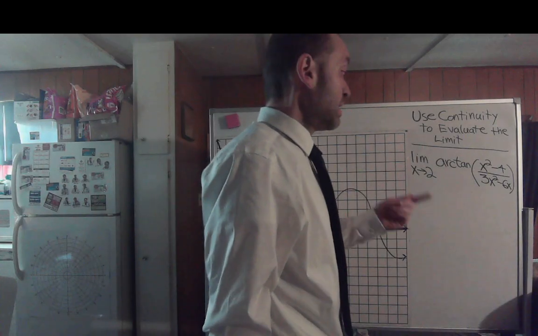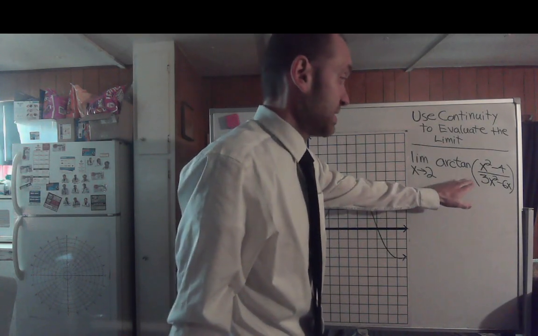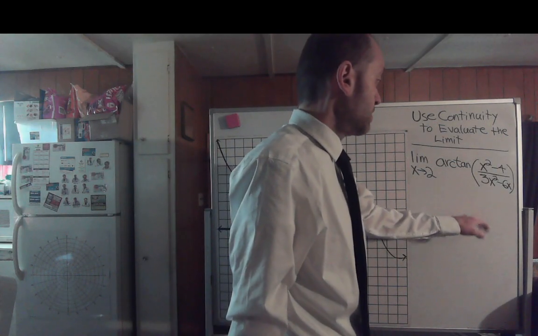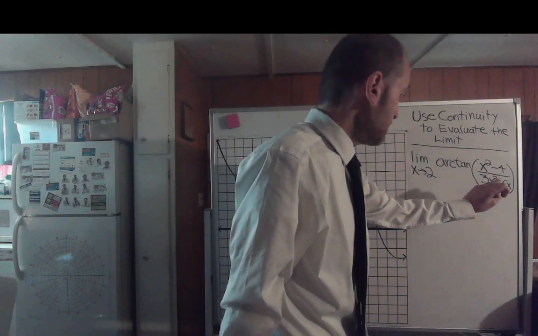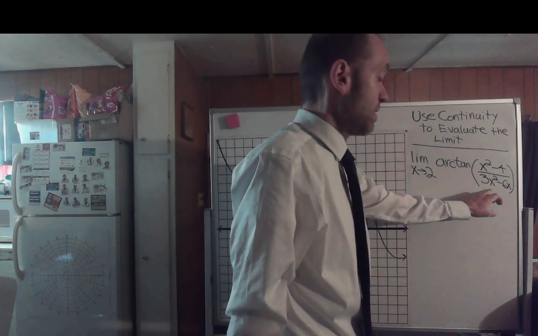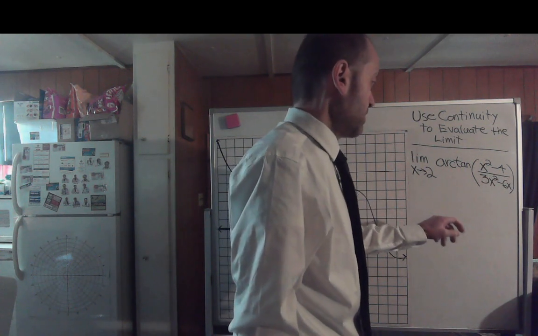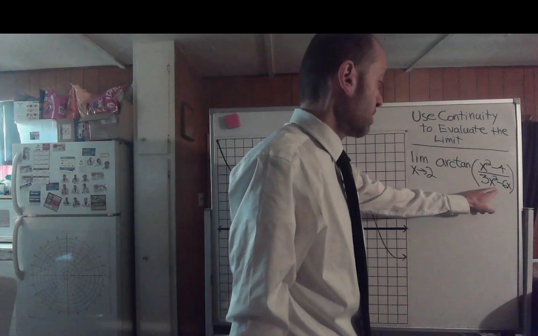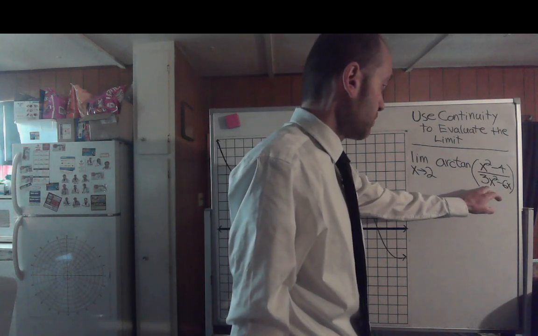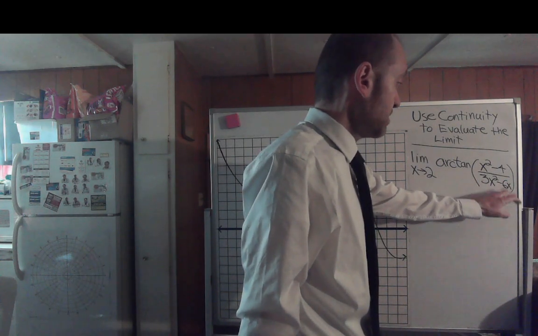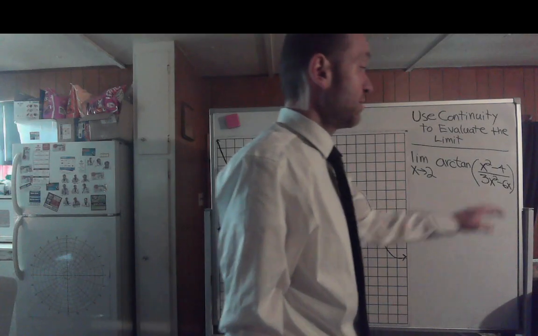But let's look inside the parentheses first. If we input 2 into the denominator, are we going to get an undefined value? Well, 2 squared is 4, okay, so 3 times 4 is 12, minus 6 times 2, that's 12, that's 0.